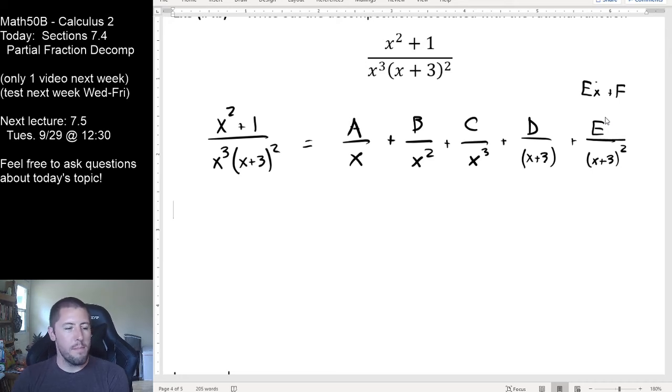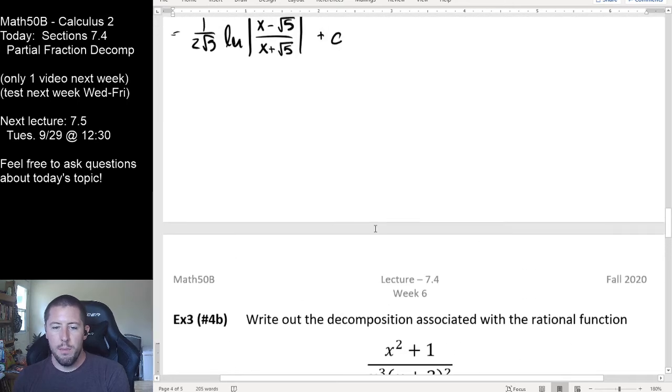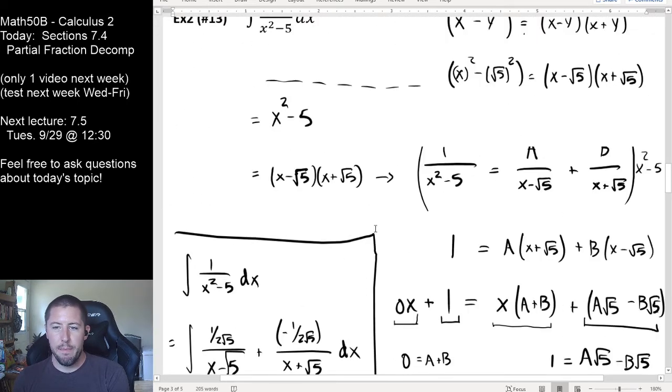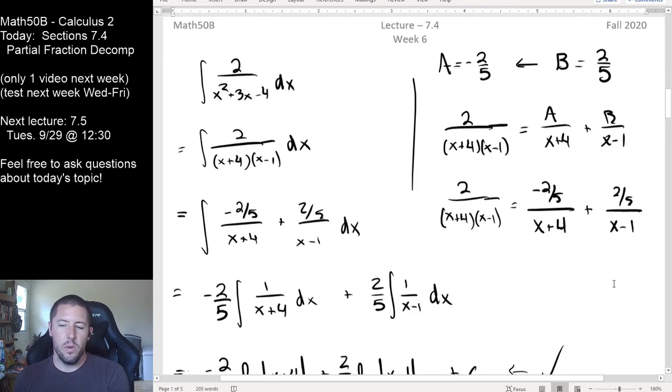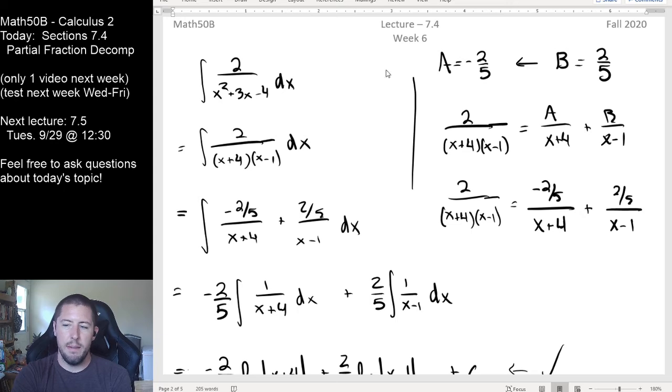If you include more parameters than are necessary, you're just going to solve for information that says, oh, there's none of that part. Oh, that E is just 0. You have no x component associated with that numerator up there. So what I would urge you guys to do is, on some of these simpler ones, like the really easy one right here, choose your decomposition to instead be something like ax plus b and see what happens.